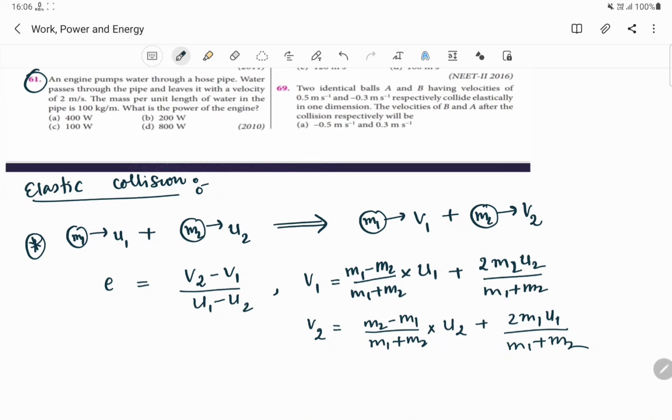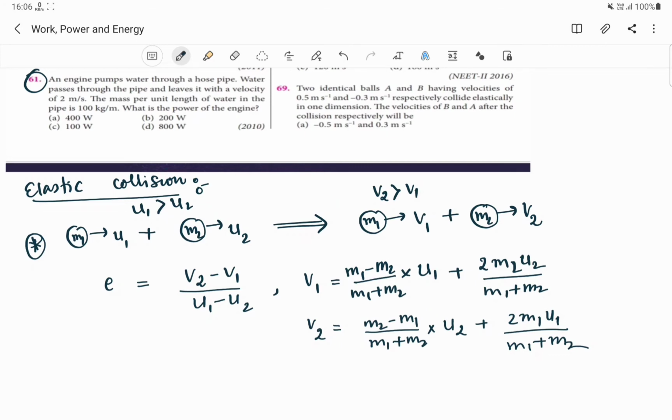We must have u1 greater than u2, and after collision we will have v2 greater than v1. In order to understand this concept, you have to use common sense. Here, m1 should have a greater speed than m2.